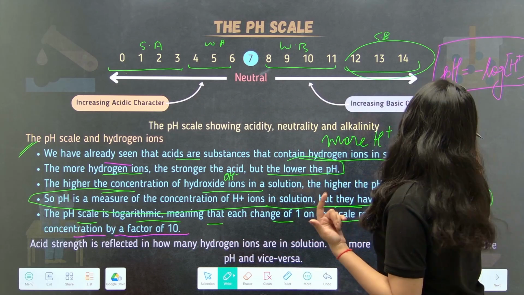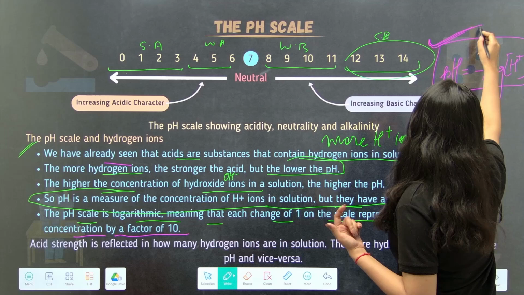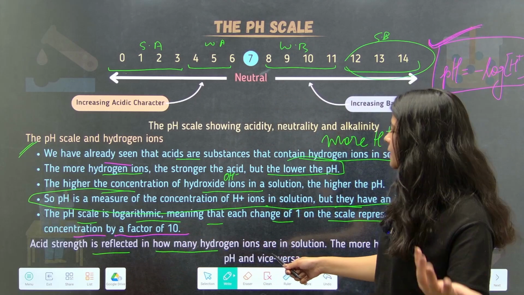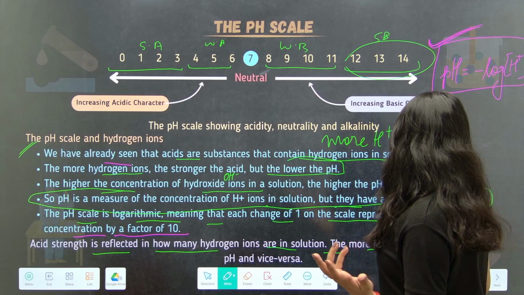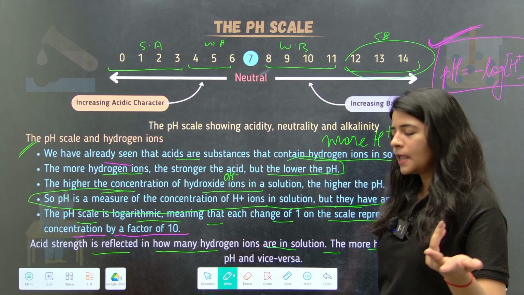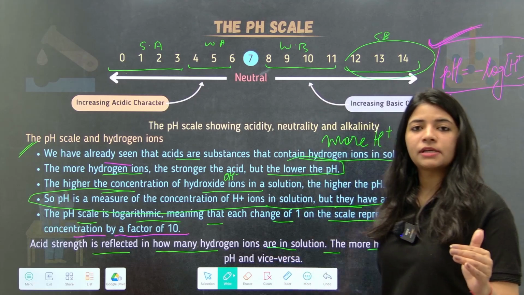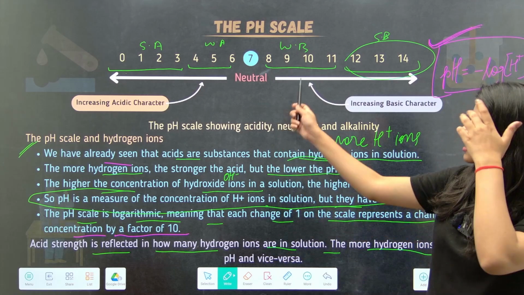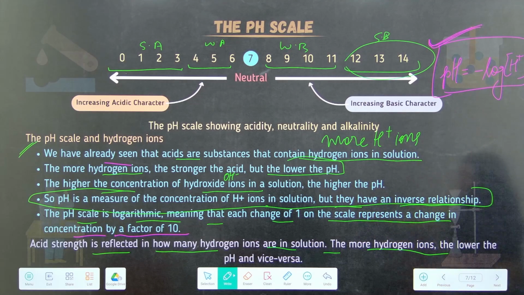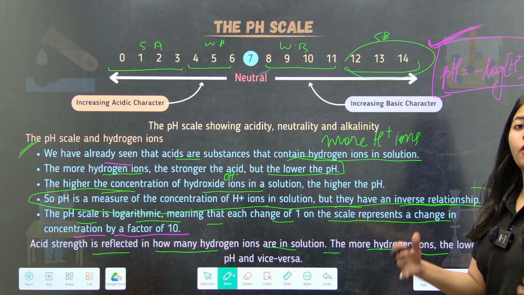The acid strength is reflected in how many hydrogen ions are in solution. The more hydrogen ions, the lower the pH, and vice versa. The fewer the H plus ions, the higher the pH. Now please note this down. I hope you have written this.